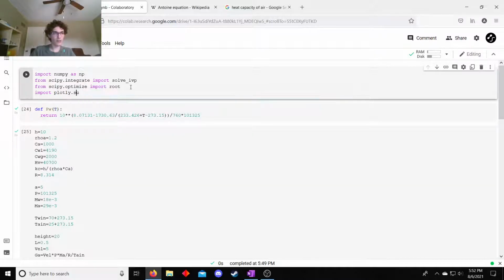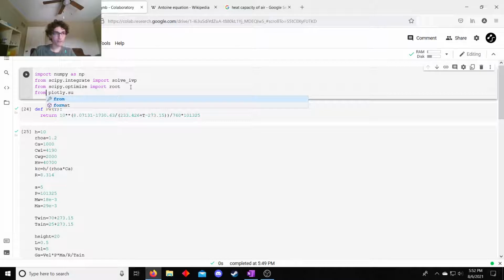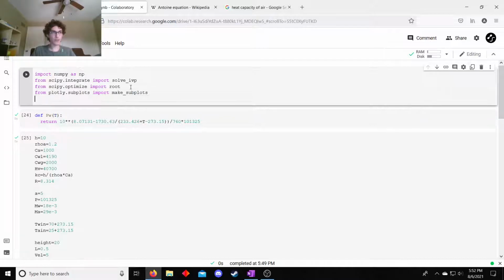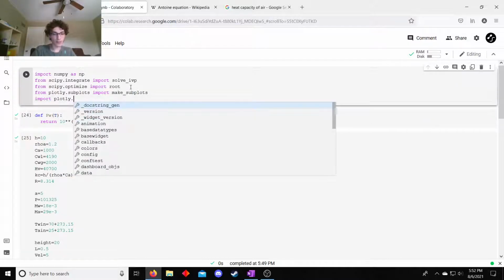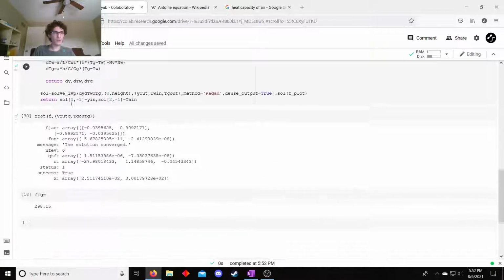So this will be from plotly.subplots import make_subplots, and import plotly.graph_objects as go. Okay, so we'll do this.